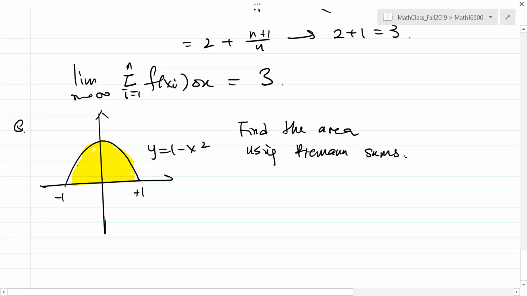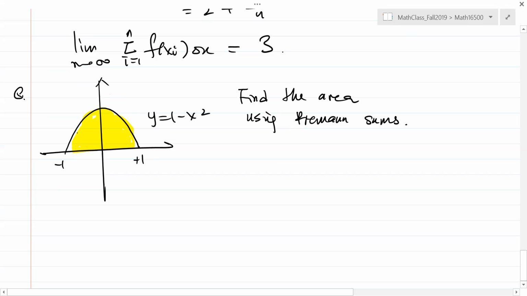The area is going to be the limit of the Riemann sums. Each Riemann sum is an approximation of the area, and Riemann says that the limit exists. So the idea is you partition this, and you can use the left endpoint or right; it doesn't matter. This is a small piece. First of all, divide the whole interval from -1 to 1 into n parts, so delta x is 2 over n.